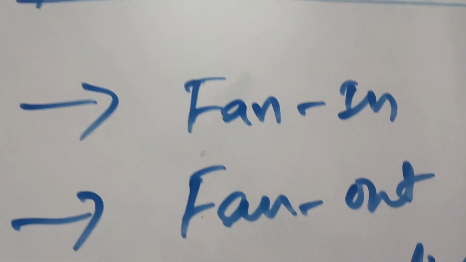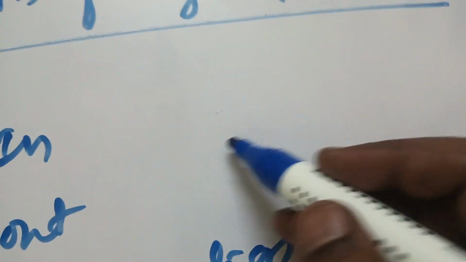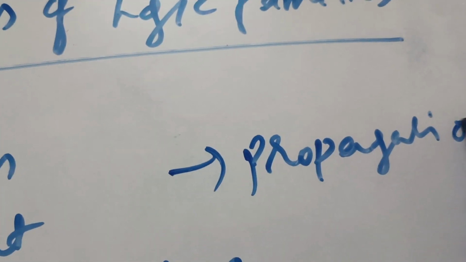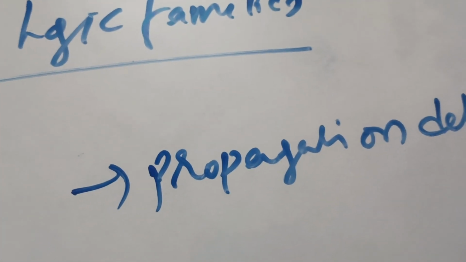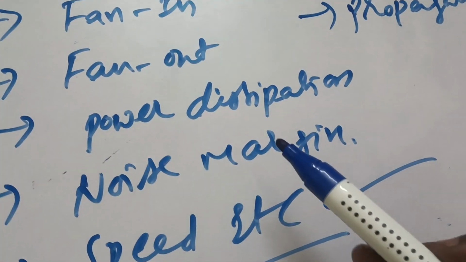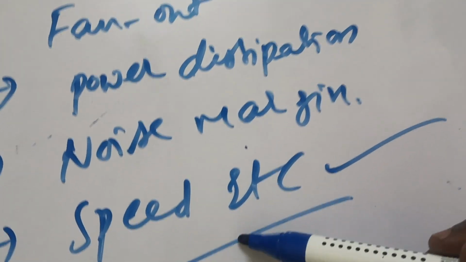One more parameter is propagation delay. I forgot to write it. Now I am writing propagation delay. Parameters of logic families: fan in, fan out, power dissipation, noise margin, speed, and propagation delay.